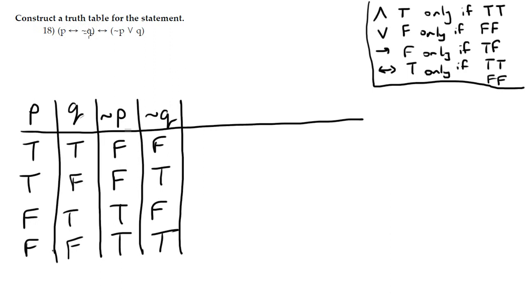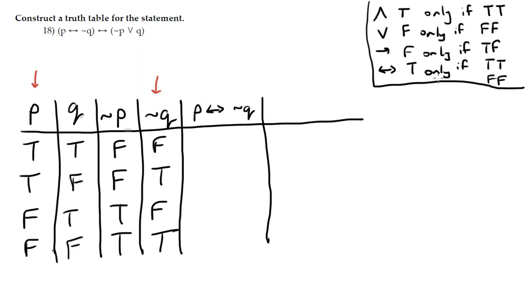So now let's get our first compound statement in there: P if and only if not Q. Now to form this statement, I am looking at P and I am looking at not Q. These are the two statements that build this compound statement, and I'm joining them with a biconditional.